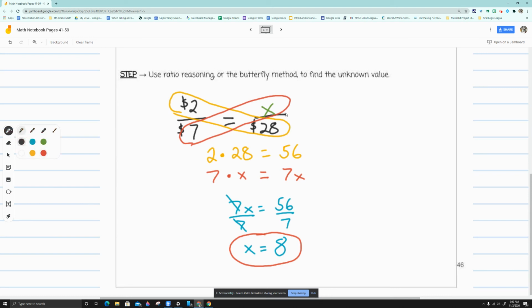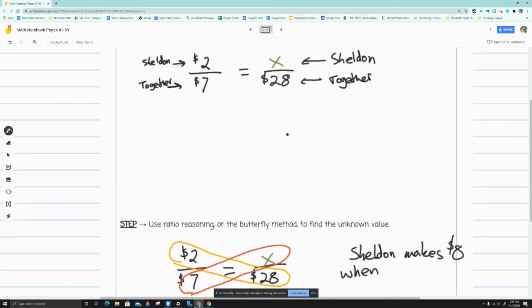So I'm going to write my answer here. Sheldon makes $8 when Sheldon, what was the other guy's name?